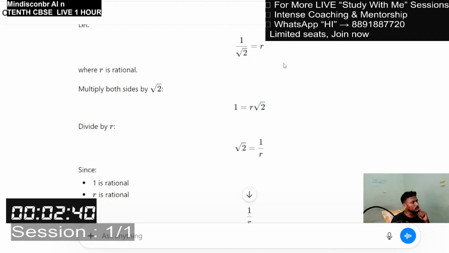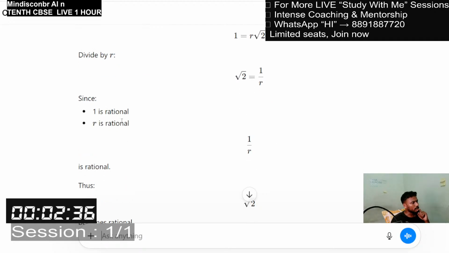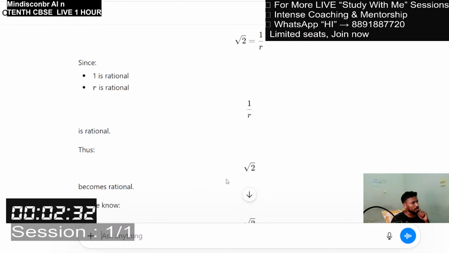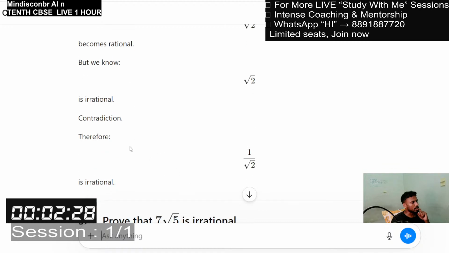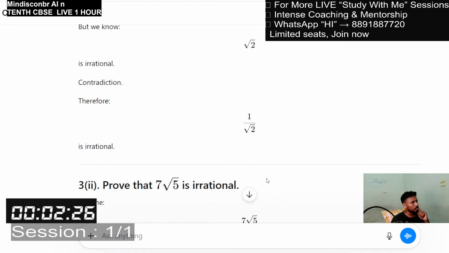Here 1 by root 2 is equal to R, therefore 1 is equal to R root 2, root 2 is equal to 1 by R. Since 1 is rational, R is rational, 1 by R is also rational, thus root 2 becomes rational. But we know root 2 is irrational, contradiction, therefore 1 by root 2 is irrational.